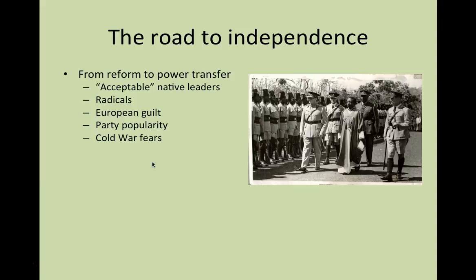But the goal here was to produce acceptable native leaders who were willing to continue to work with the colonial power.